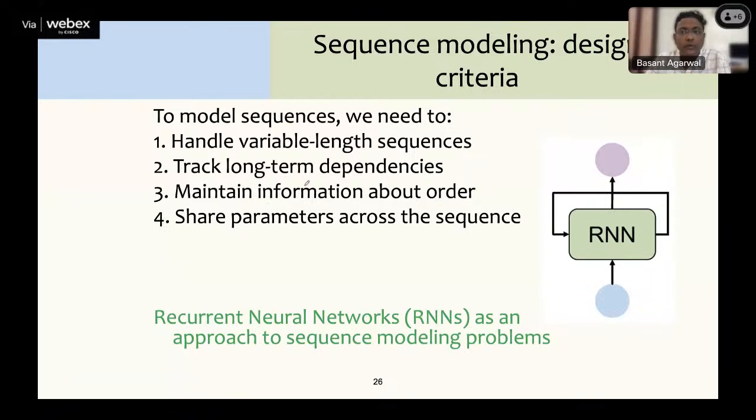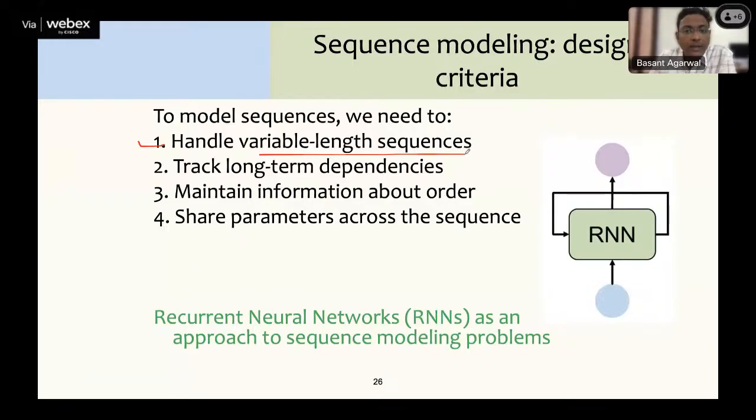Now we will talk about how we can deal with the sequential learning problem, and how we can decide that this is a sequential learning problem. In sequential learning problems, what we need to care about is, first, that the network should be able to handle variable length sequences. Variable length sequences means that the input size should not be fixed.